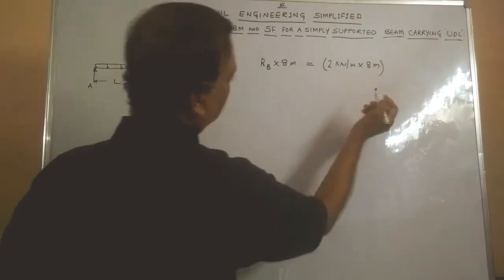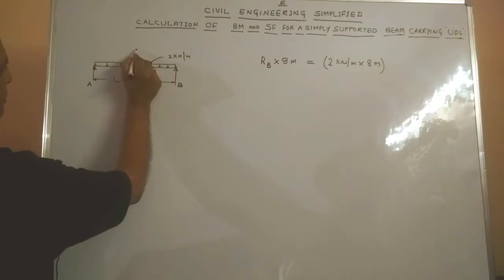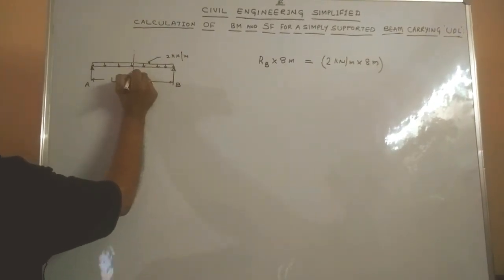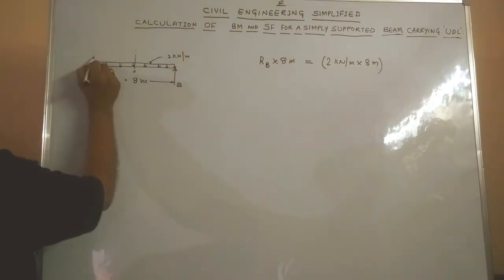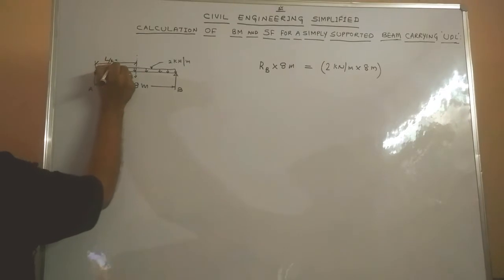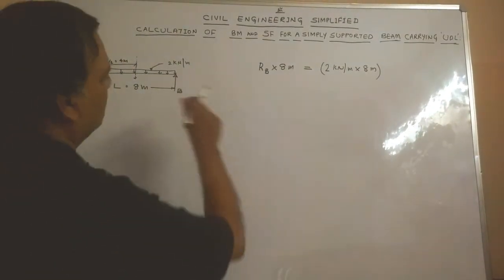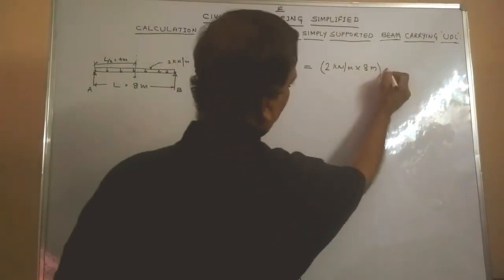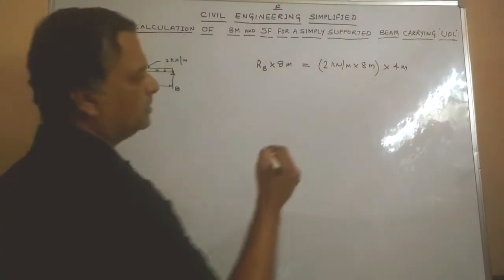So this is the total load acting on the beam. The resultant, or the line of action of this force, acts at mid-span, which is at 4 meters, or L by 2. L by 2 in this case is 4 meters. Hence, this is the total force multiplied by the perpendicular distance, which is 4 meters.